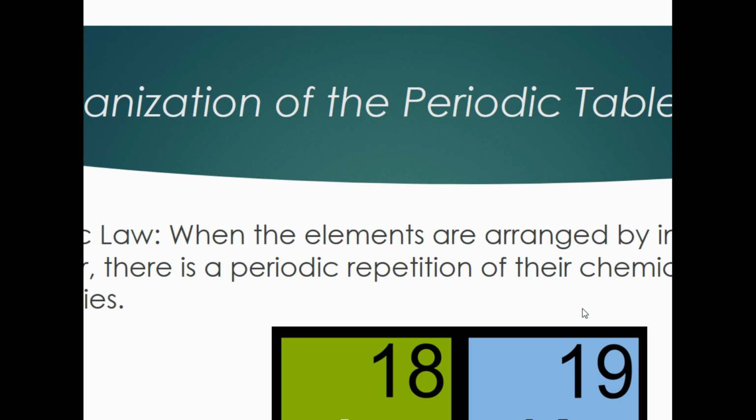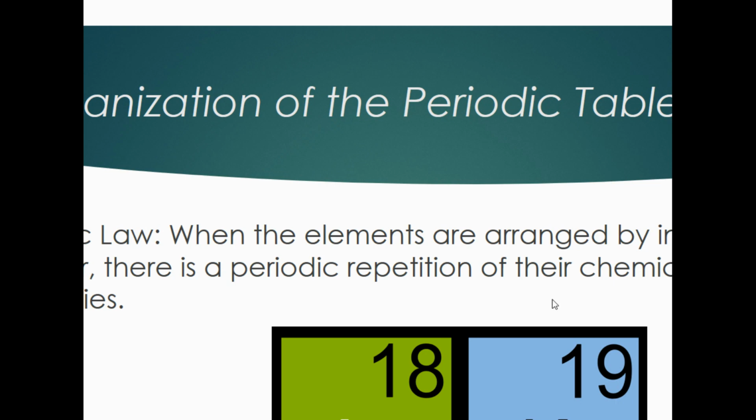From that, we get what's called periodic law. This is what happens when you arrange all of the elements by increasing atomic number: you have a pattern that repeats. As you read through the periodic table and move from row to row, there's a repetition and we see that pattern appear.